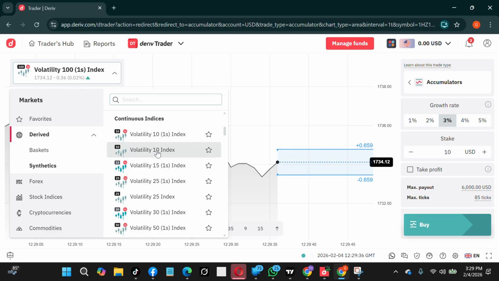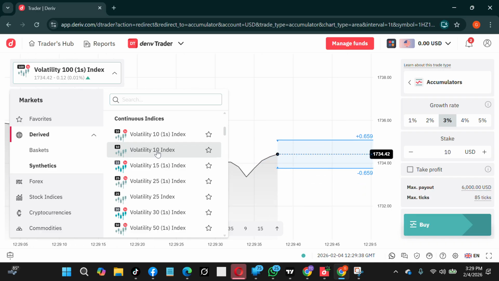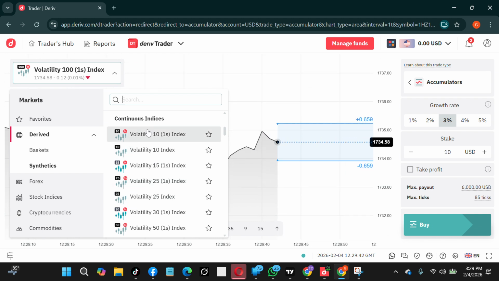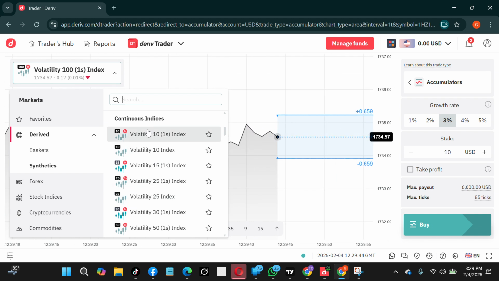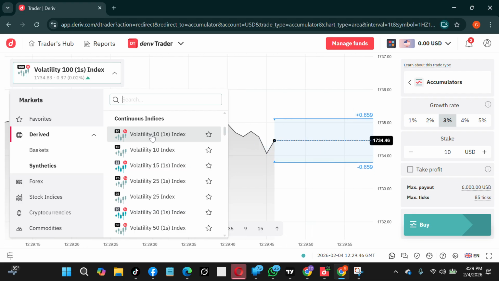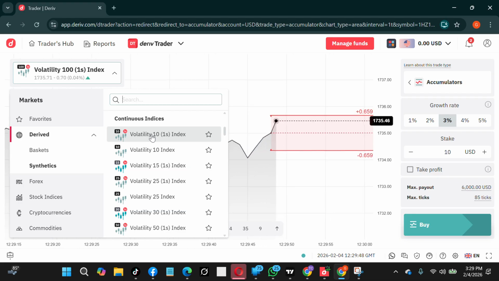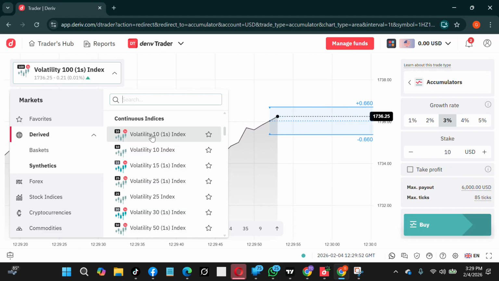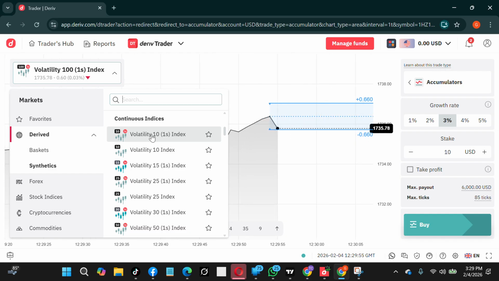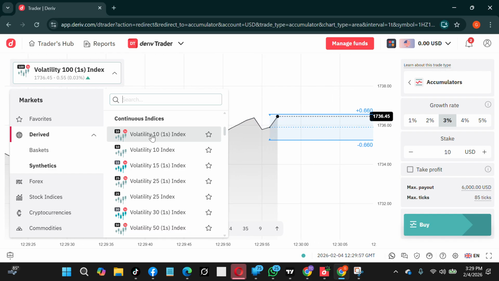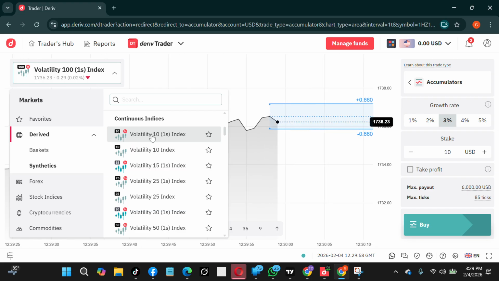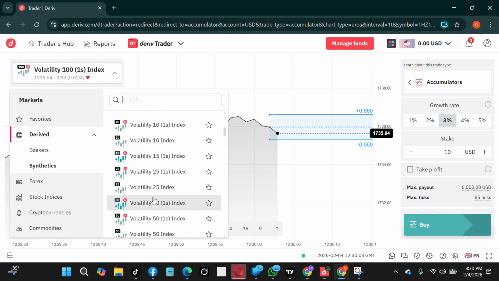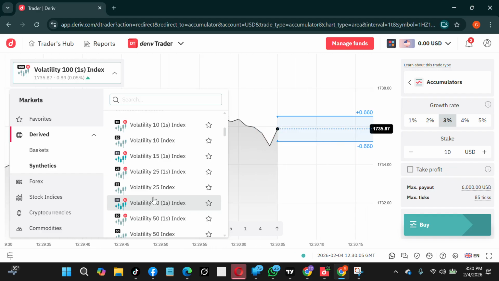The market can reverse. So these are the assets that we'll be predicting, and you will find that these volatilities' movements are not the same. The structure in volatility 10 (1s) is not the same structure that we'll find in the 15 (1s). The structure that we'll find in volatility 10 index is not the same structure that we'll find in 25 index, and so on and so forth. So make sure you understand that.